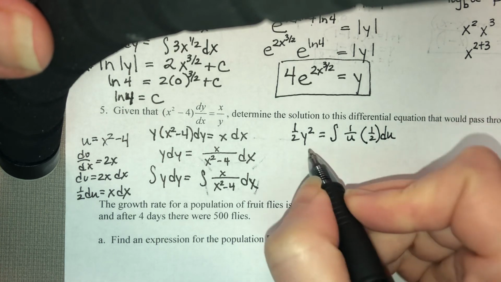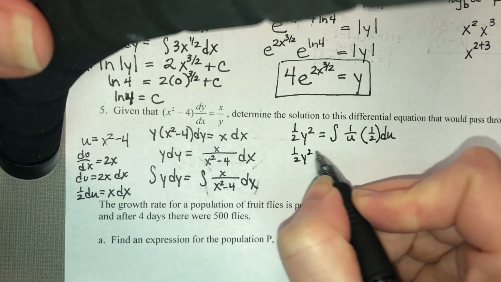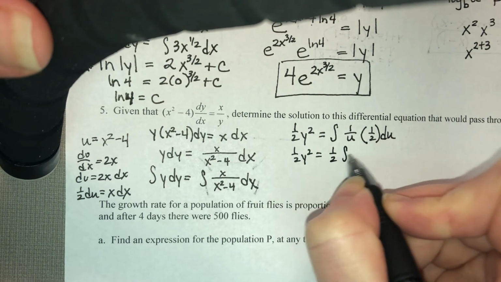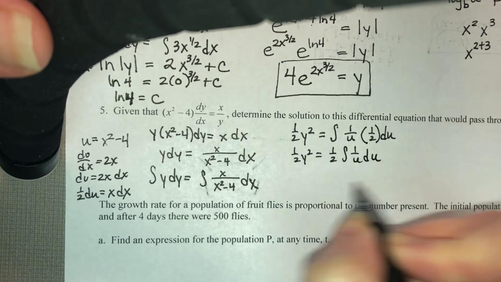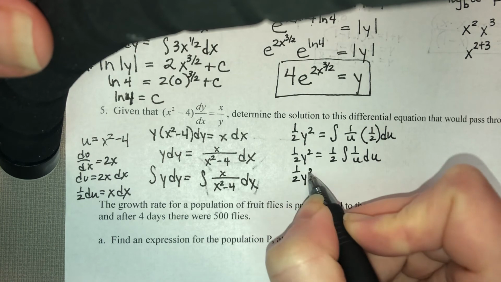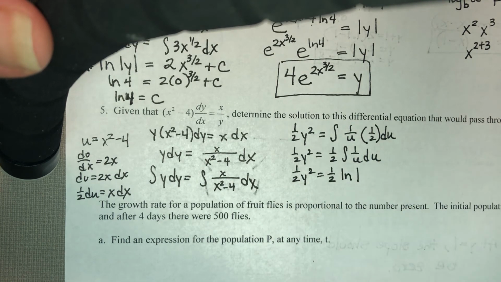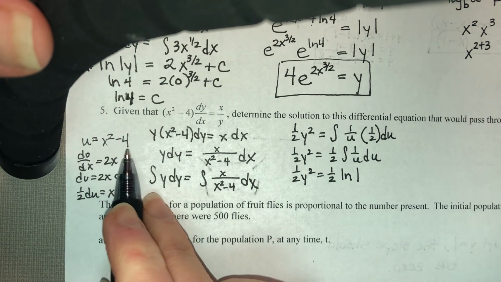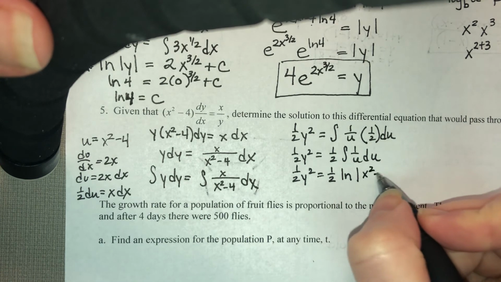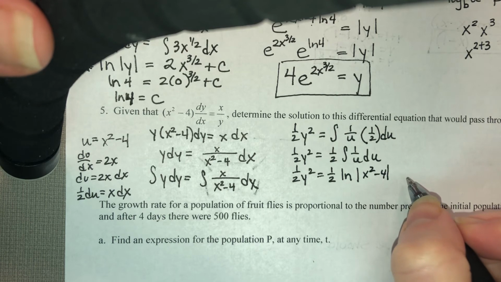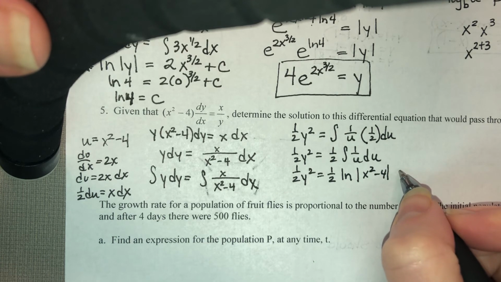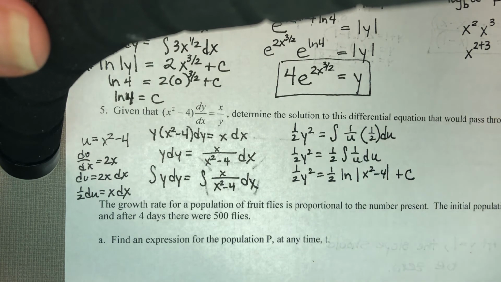And now I can pull that 1/2 out in front and just integrate 1 over u, which is the natural log of the absolute value of u, but I'm going to put x squared minus 4 back in place of the u, and then plus c.